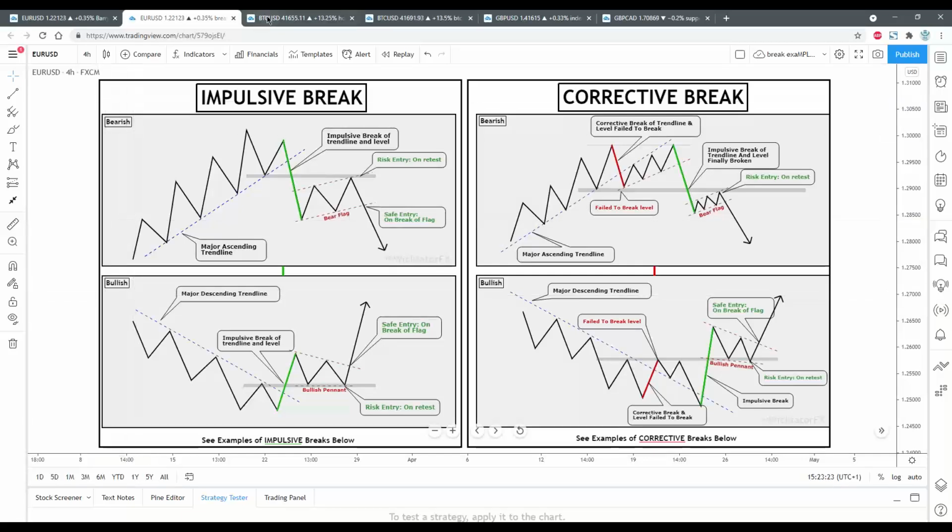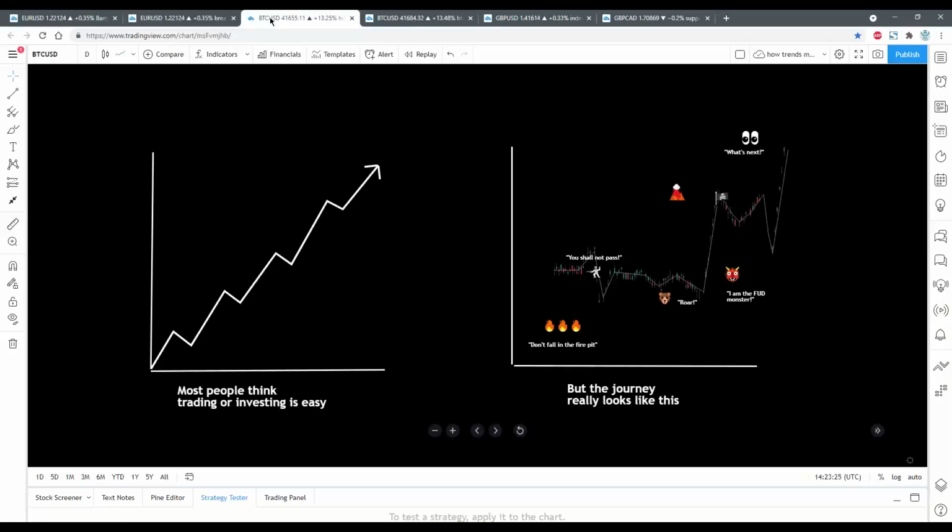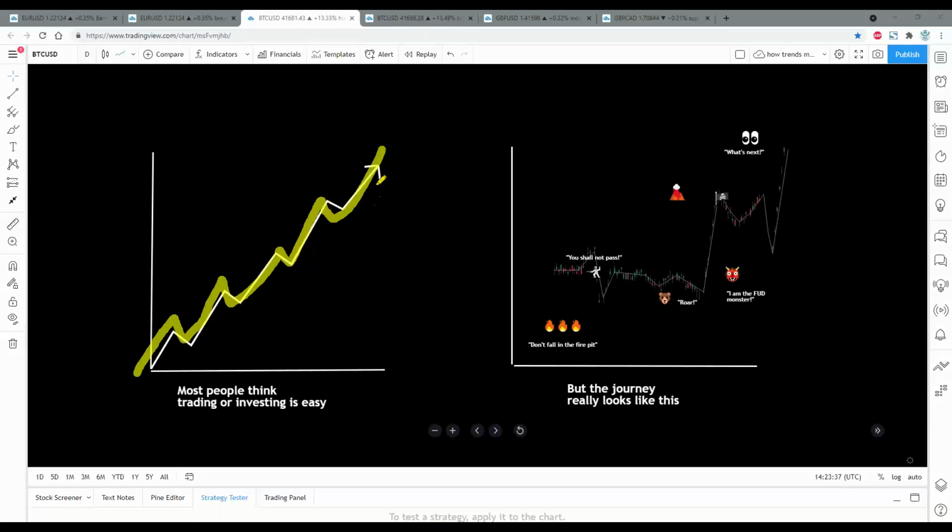One of the best ways to do this is using chart patterns, because unfortunately, most traders, especially new traders, think that this is the way price moves. Push, ease, push, ease. It's what we teach. It moves in uptrends and downtrends, making higher highs and higher lows, or downtrends, making lower lows and lower highs.